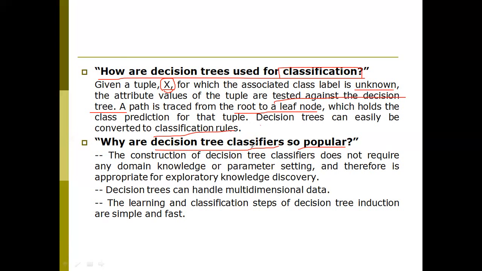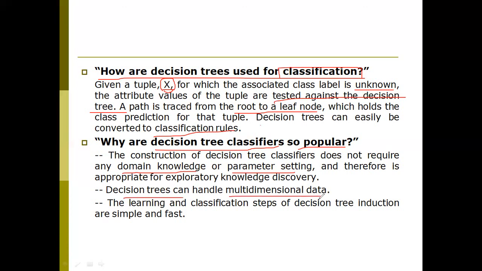Decision tree classifiers are popular because decision trees don't need any domain knowledge or parameter settings to construct a tree. This is one of the reasons. Coming to the second reason, decision trees can handle multi-dimensional data.